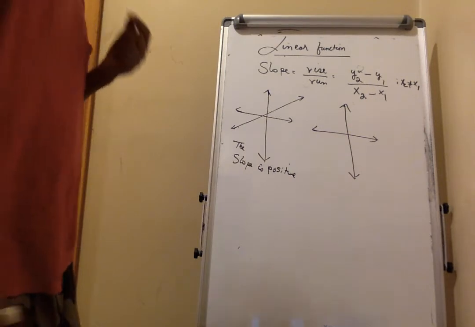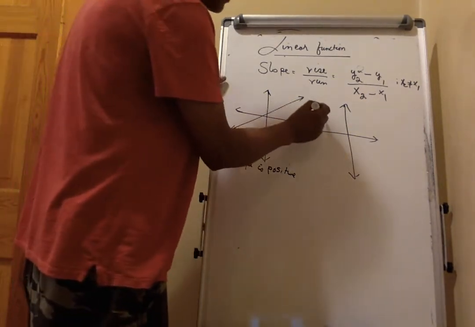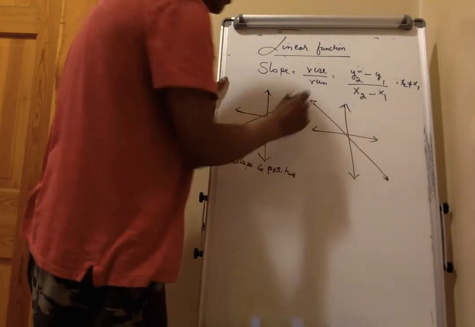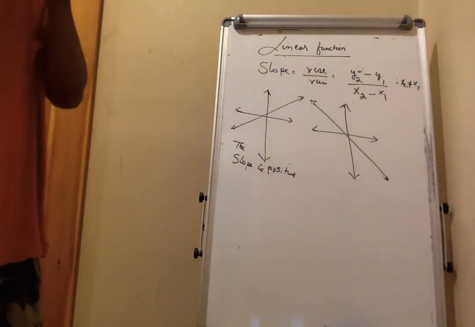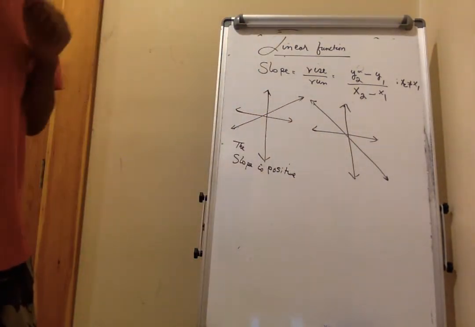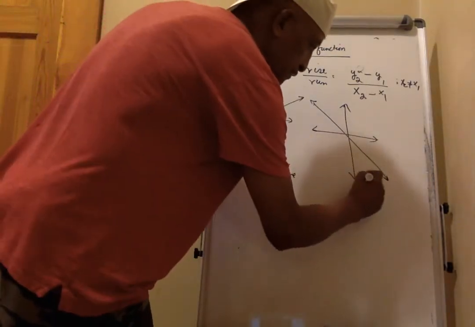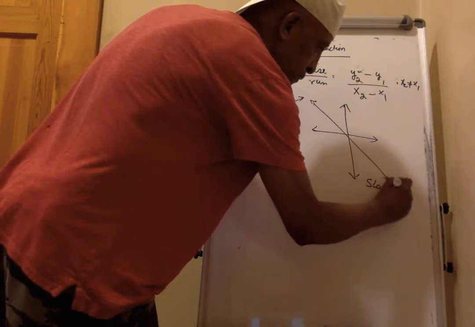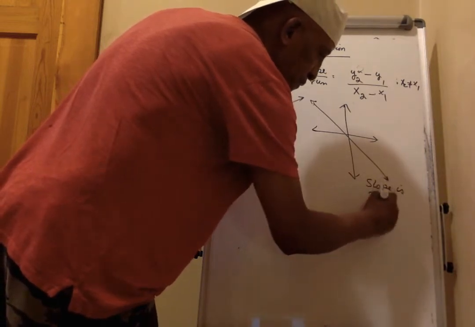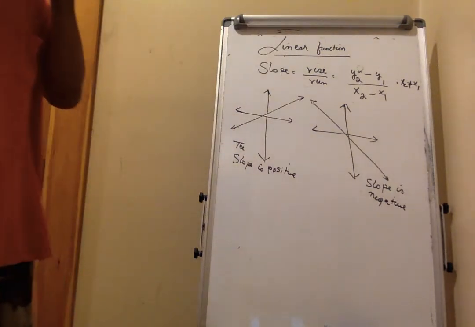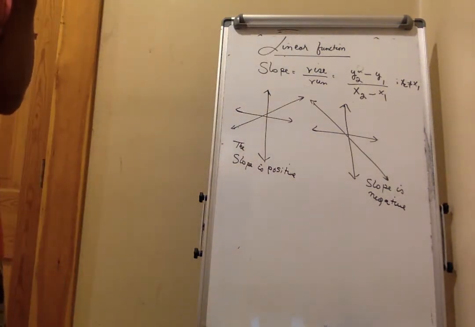Okay. But if it covers quadrant 2 and quadrant 4, this is a linear function going downwards, so its slope is negative. One is positive and the other one is negative.